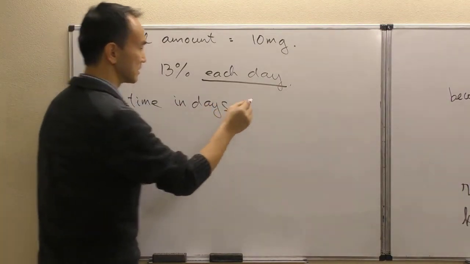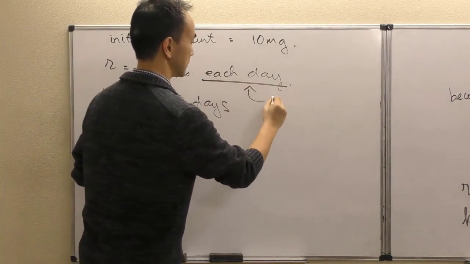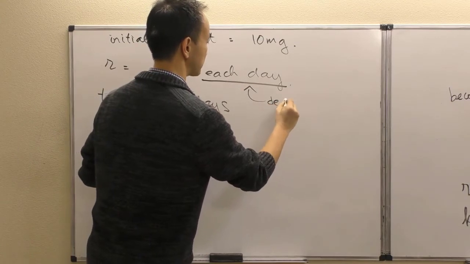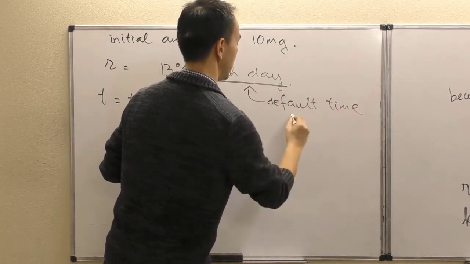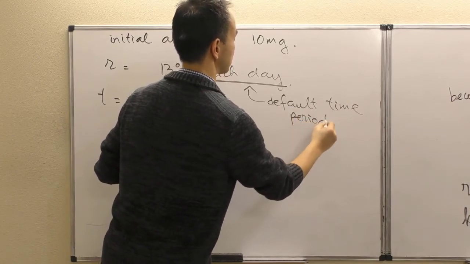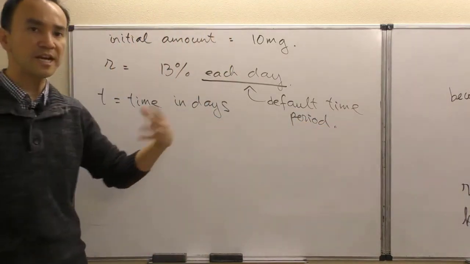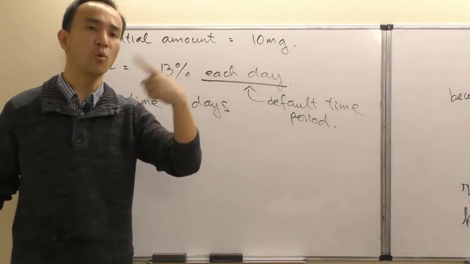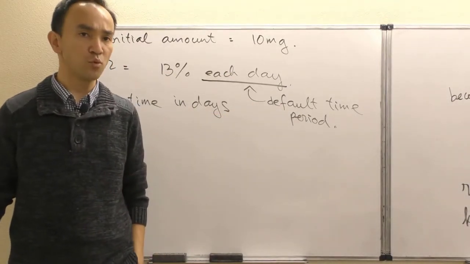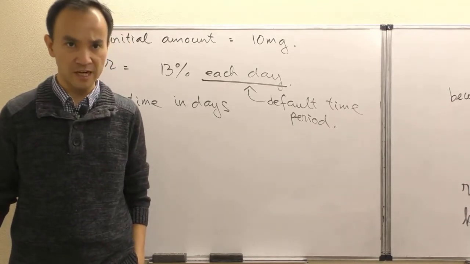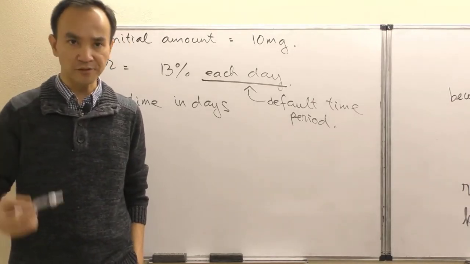And this each day right here is the default time period. So in 1 day it already loses 13% of itself, and in the next day another 13%.